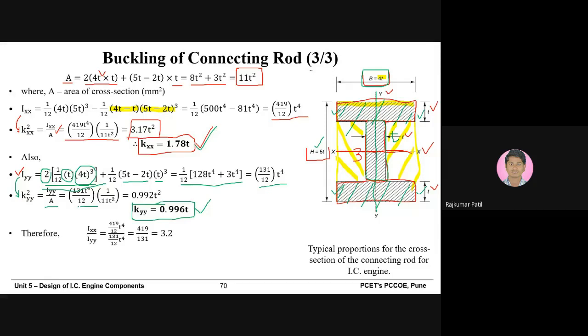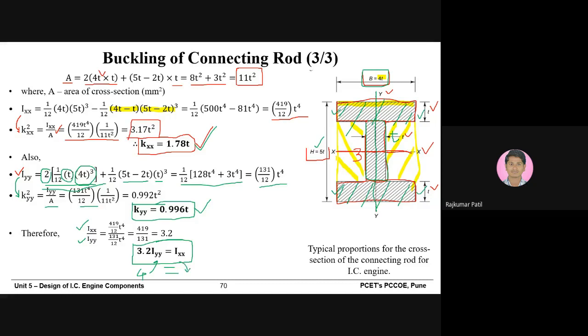Now take the ratio of moment of inertia in xx plane and y plane. So put all the values and upon simplifying, you will get 3.2. So 3.2 Iyy is equal to Ixx. And previously we discussed that we generally take 4 times Iyy is equal to Ixx.